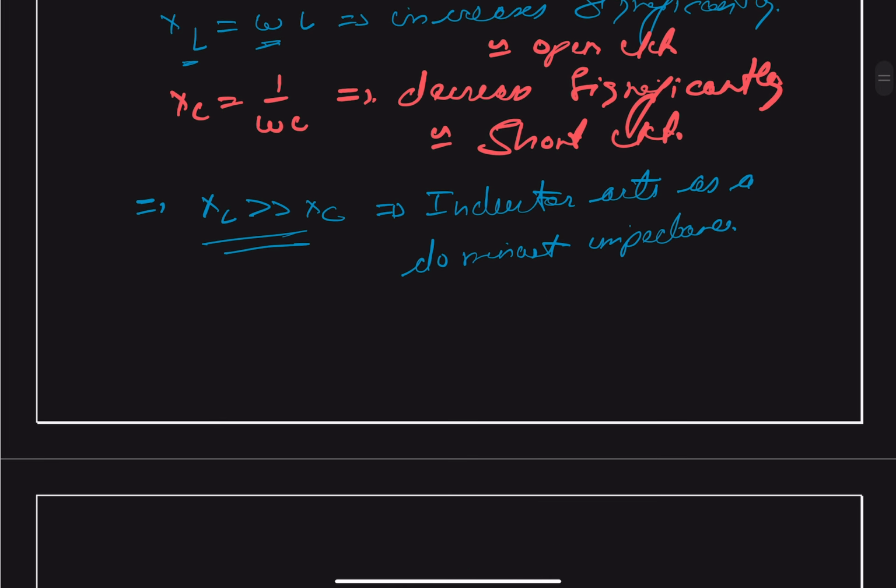So the inductor acts as a dominant impedance, therefore option D is incorrect. So this completes the first question.